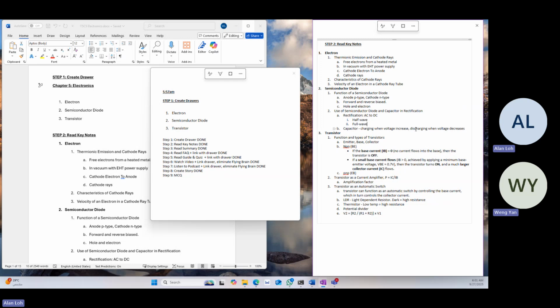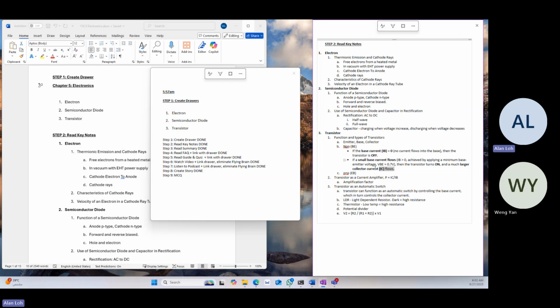And for transistor, there were two types, PNP and NPN. I think there was a formula. Yeah, that's the formula. So there's E, B, and C: emitter, base, and collector.